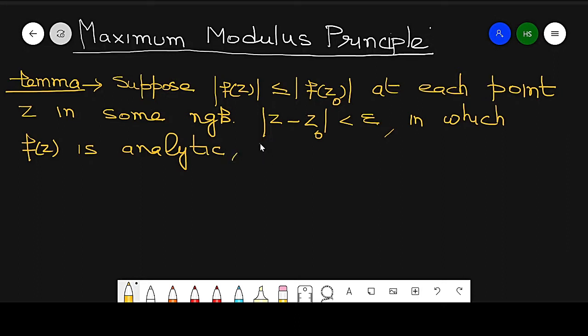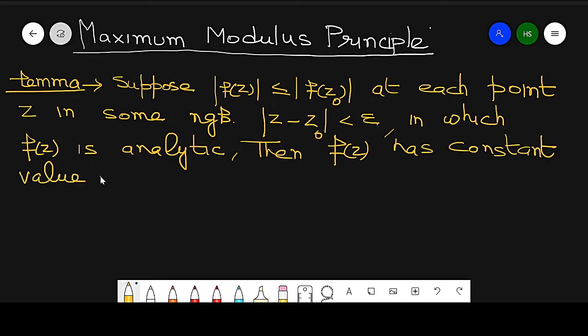Then f(z) has constant value f(z naught) throughout the neighborhood.